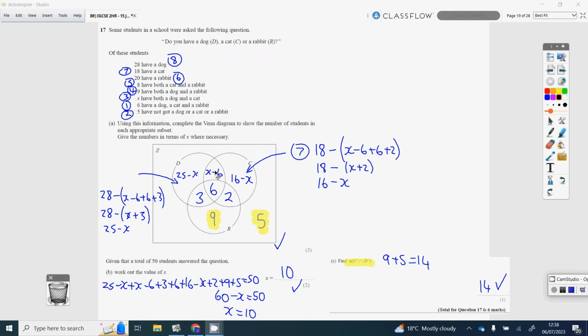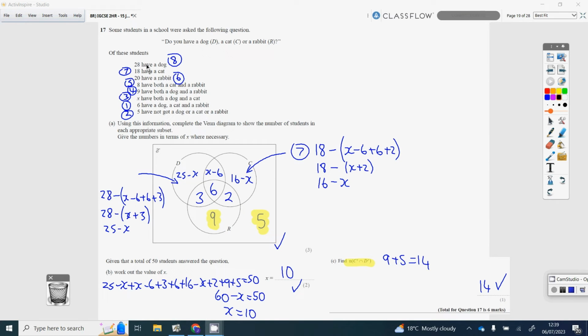So these regions here, here, here, and here together have to add up to 18. So 18, take away these 3 I've got already, will give me this one here. This simplifies to x plus 2. 18 take away x, take away 2 is 16 minus x.